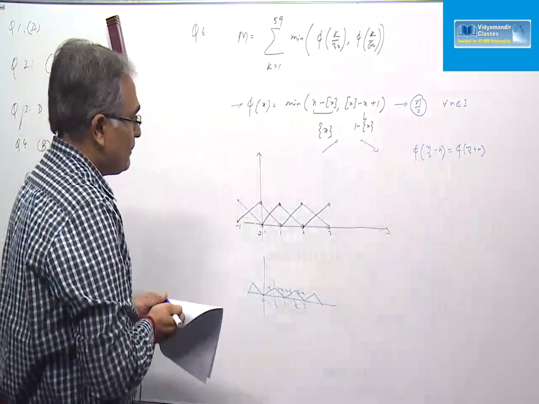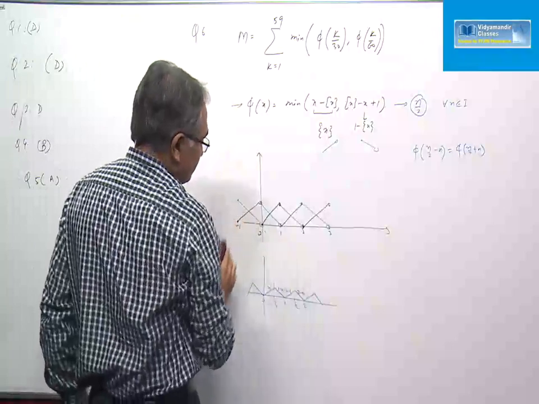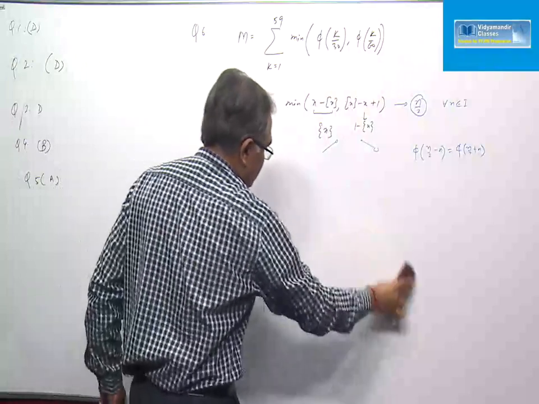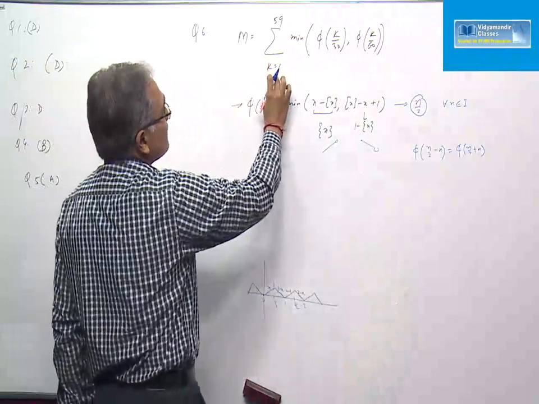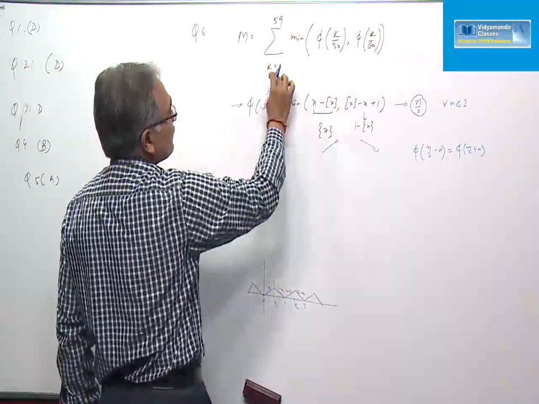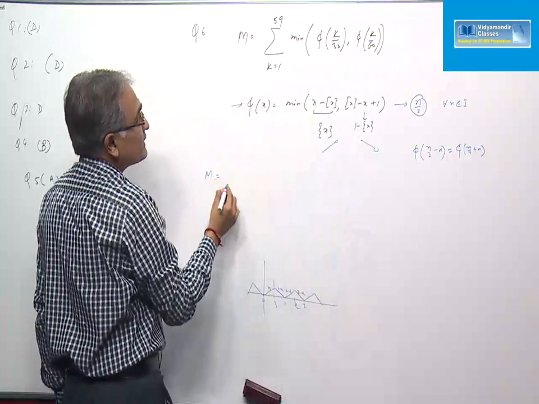Now let's come to the M part. Now it says M is a summation of k varying from 1 to 59 of this. Let's expand this.